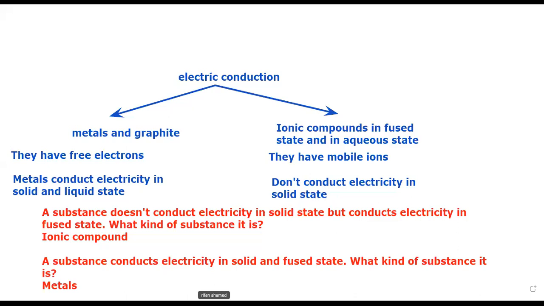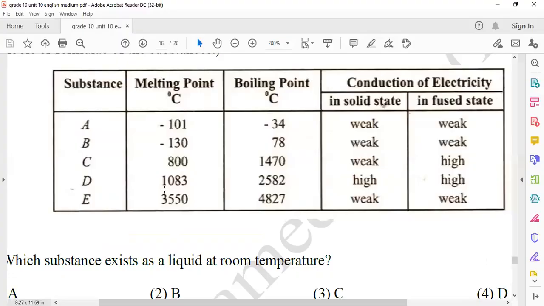Do you have a table? In the table, don't tell me anything. Use the boiling point and melting point idea. In the last class, I told you how to determine whether a compound is a solid, liquid or gas.